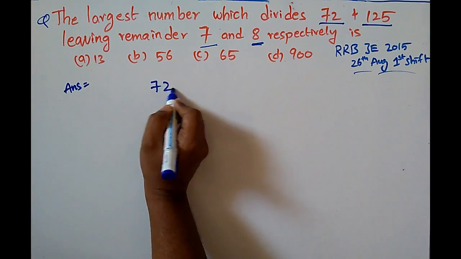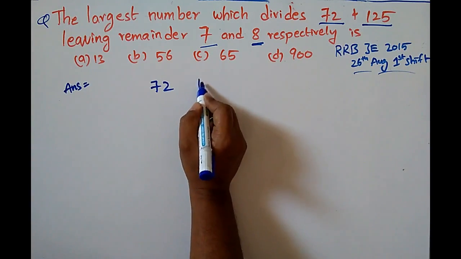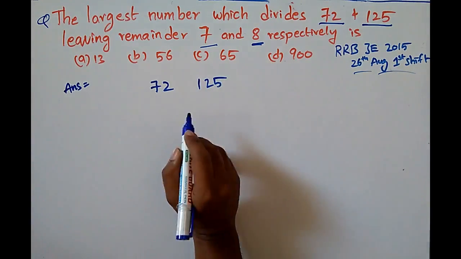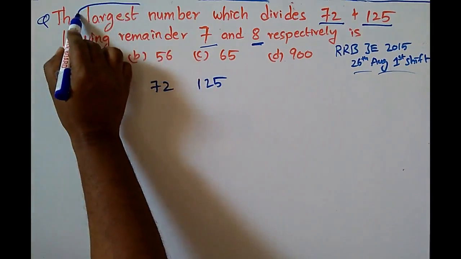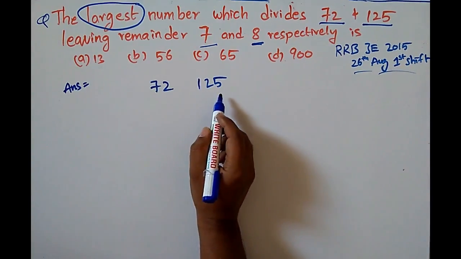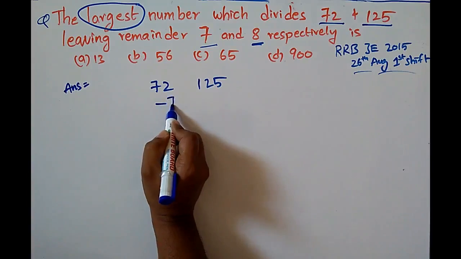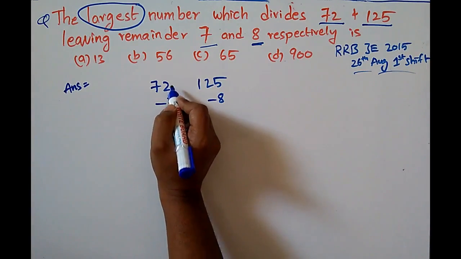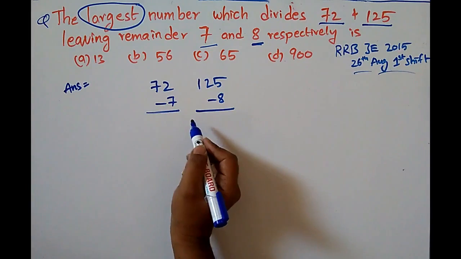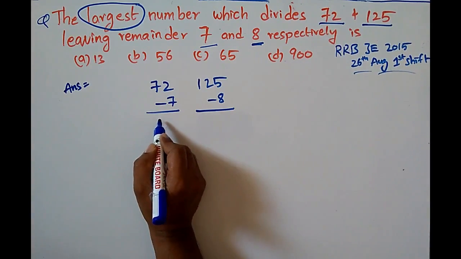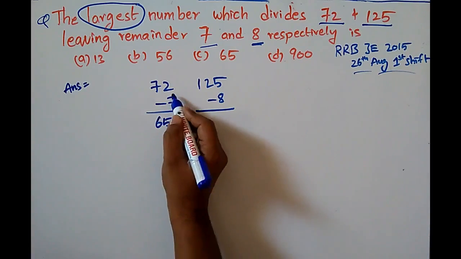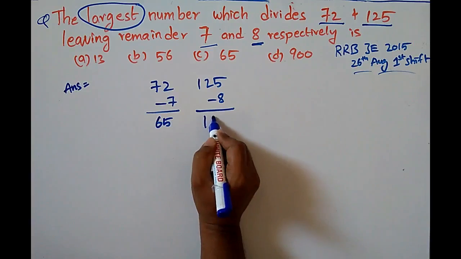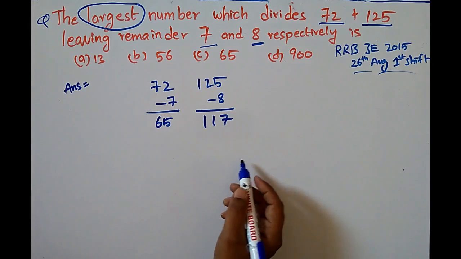Here, if 72 and 125 are divided by a largest number, remember friends, largest number, then the remainders were 7 and 8. So first of all, we will subtract these remainders so it will be perfectly divisible. 72 minus 7 is 65, 125 minus 8, that is 117.